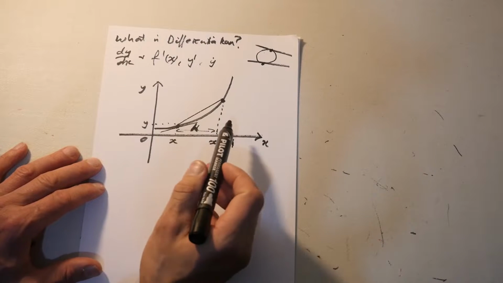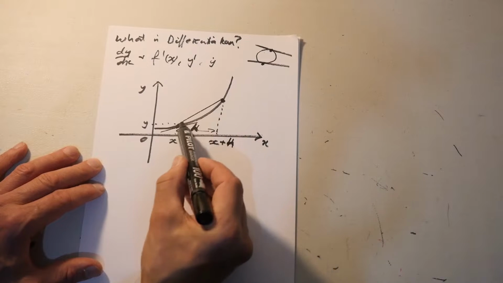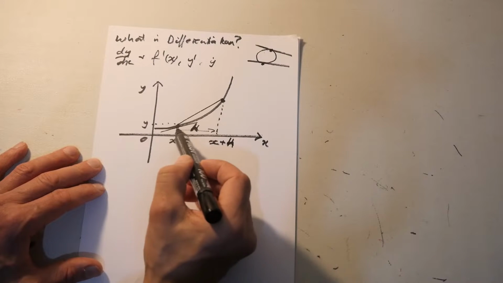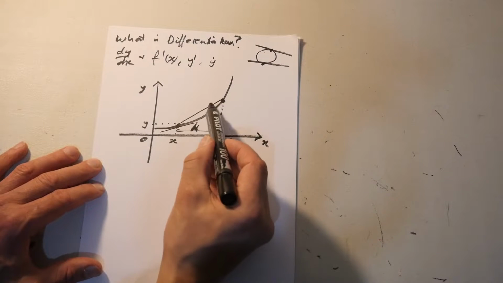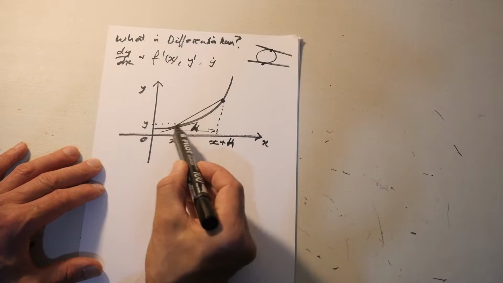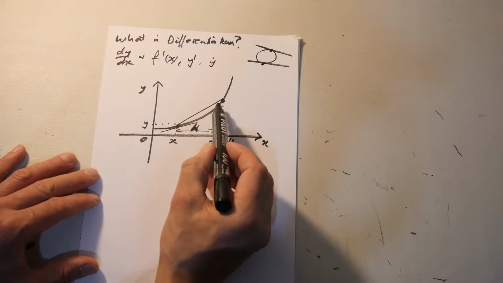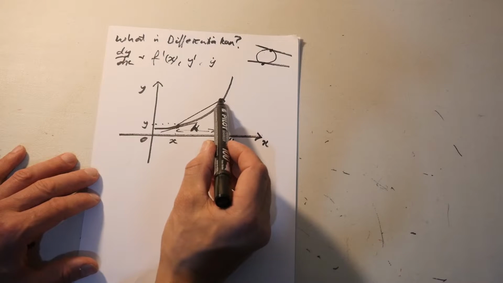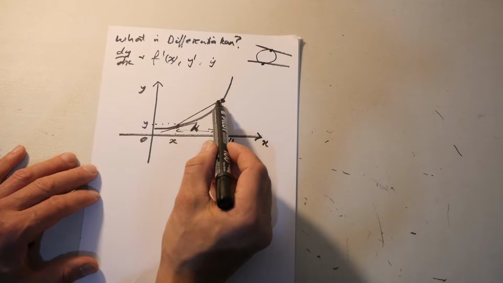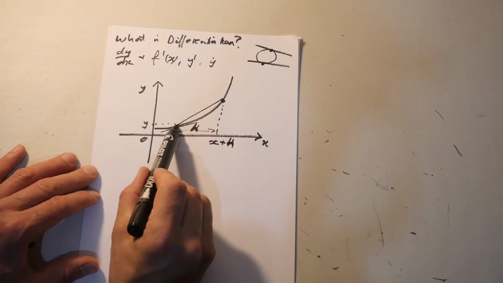So as h gets smaller, eventually the gradient of that is equal to the gradient of that line. So what differentiation is doing is it lets you work out the gradient of that line at that point, the gradient of that point on the curve.